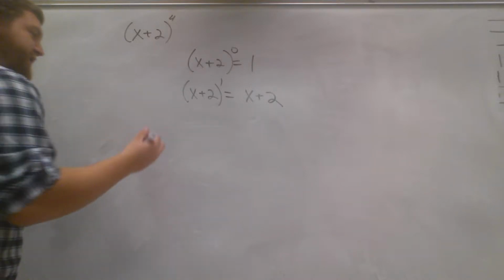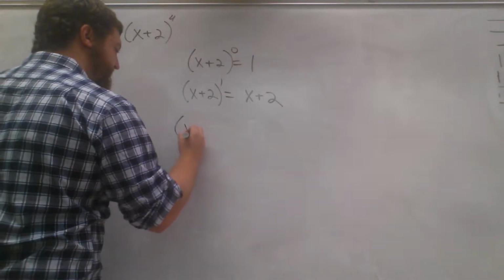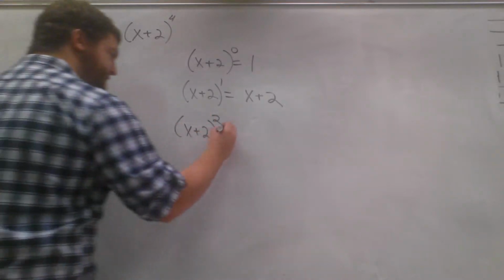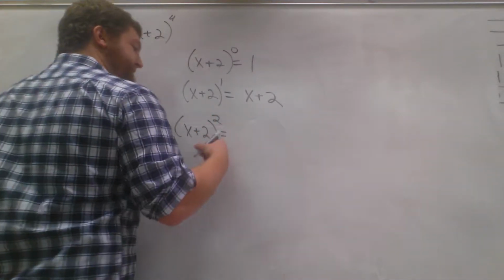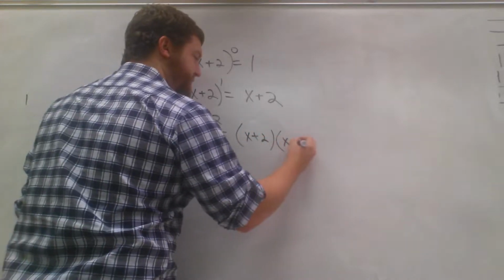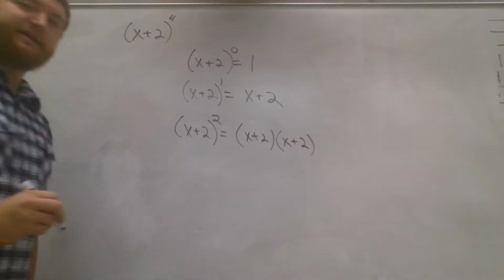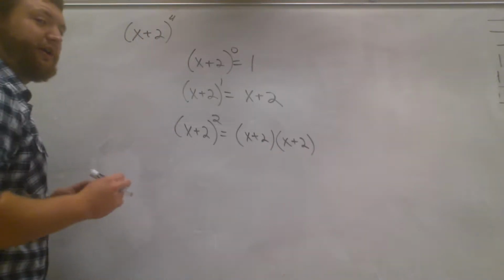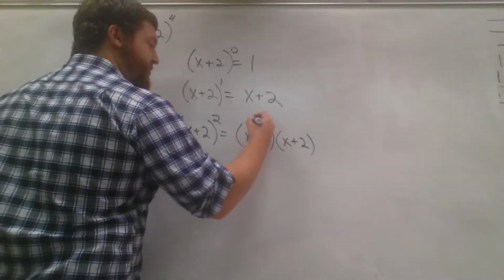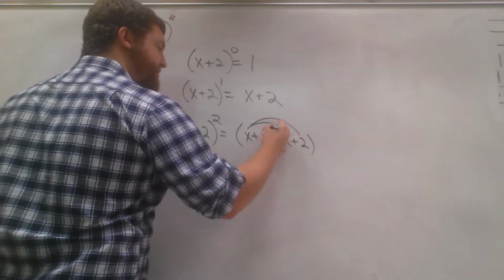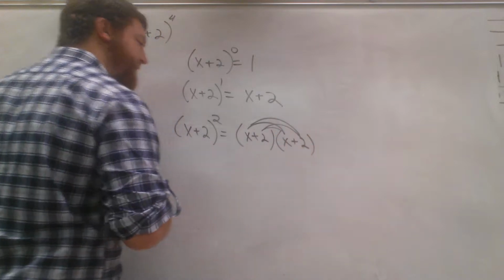Now, as we raise to the second power, we get more complicated. Okay, so what does this really mean? Well, it means x plus 2 times x plus 2, right? And to solve it, you don't just do x squared plus 4. No, that's what everyone does. It is not that. You must multiply this x times everything, this 2 times everything, okay?